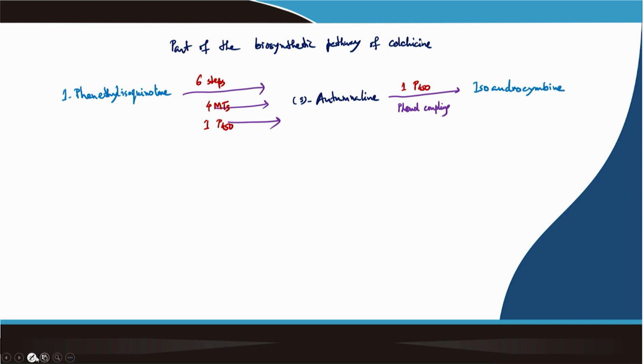Now, isoandrocymbin subsequently goes through a two-step reaction. One is basically 1 methyl transferase, another is 1 P450, and this is basically the ring expansion.